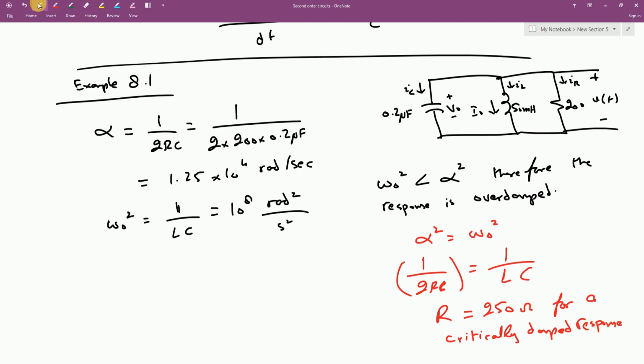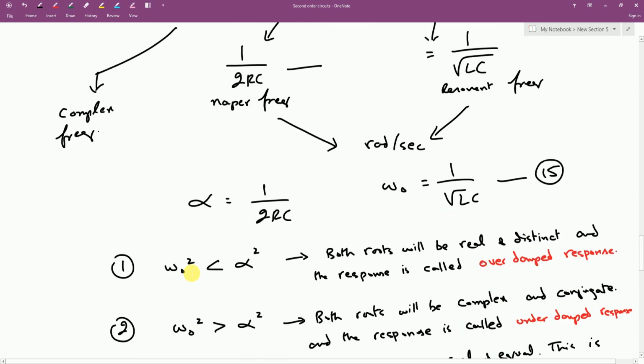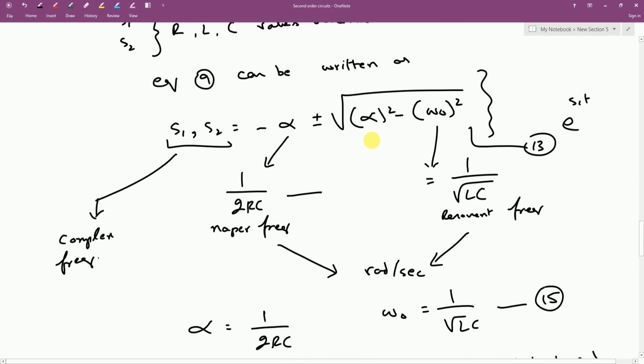So this is how we actually solve simple circuits. First of all, finding the roots. The second important point is how to find the roots S1 and S2. S1 and S2 can be calculated by using equation number 13 above. Putting the values of alpha and omega naught square in this equation will give us the value of the roots.